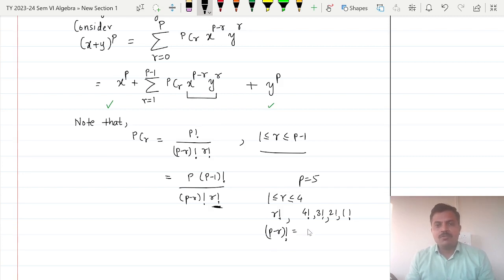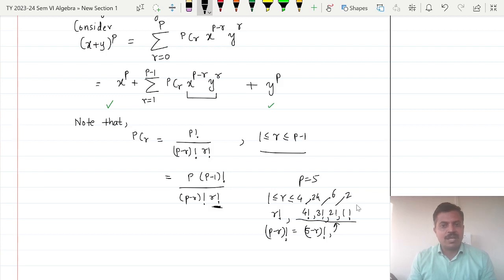Remember, the value of p is 5, so this is again taking the same values, 1 factorial up to 4 factorial. One can easily observe that none of these terms will be divisible by the prime number 5, isn't it? 4 factorial is 24, 3 factorial is 6, 2 factorial is 2, and so on. Thus, whatever the prime number p may be, this denominator will never be divisible by p.